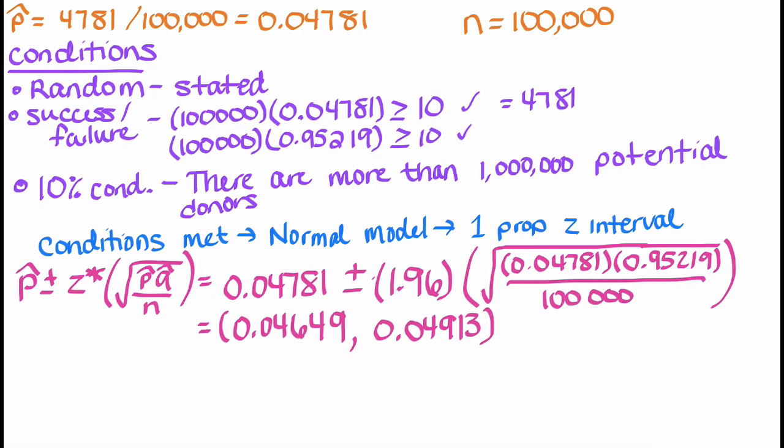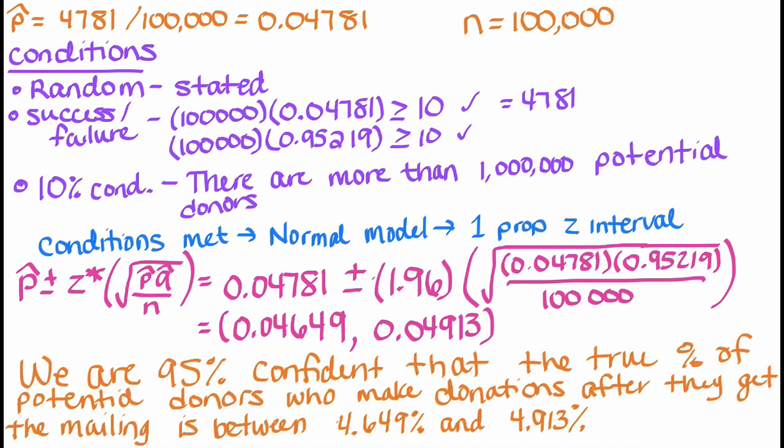All right, so then interpret this. We would say we are 95% confident that the true percent of potential donors who make donations after they get their mailing is between 4.649% and 4.913%. Okay, and then in part B, they were asking is 5% reasonable? Well, no, because we were already 95% confident of this interval, and our sample size was very large.